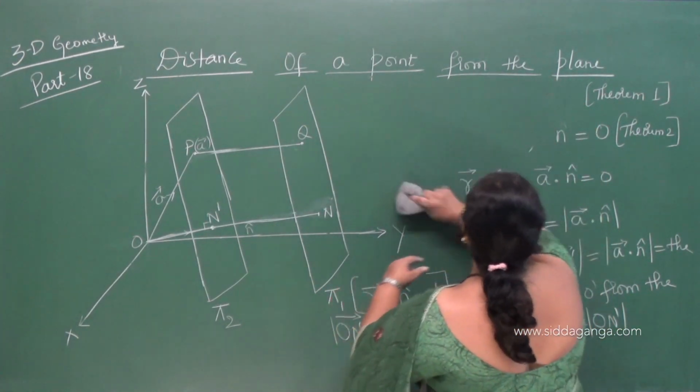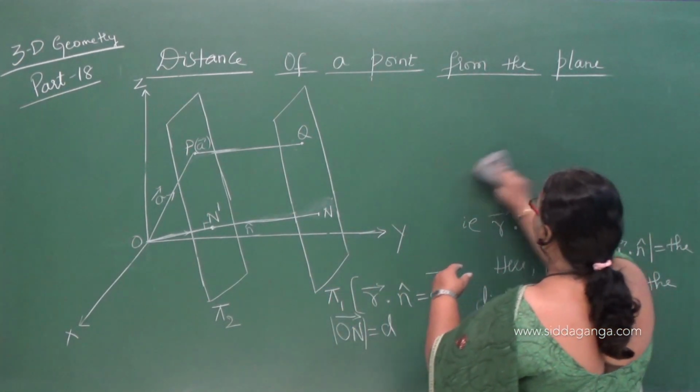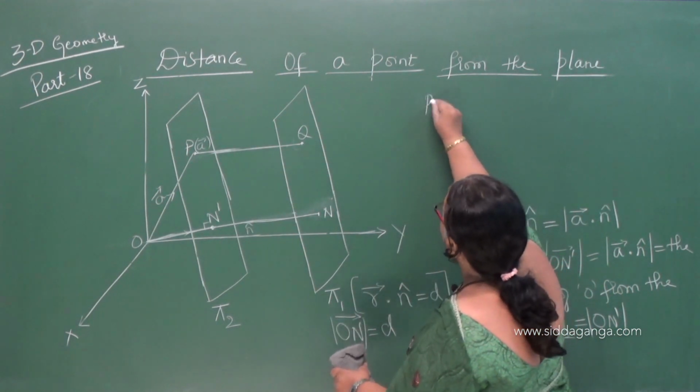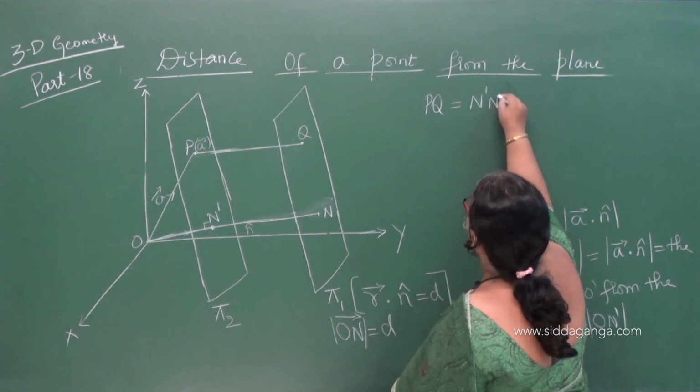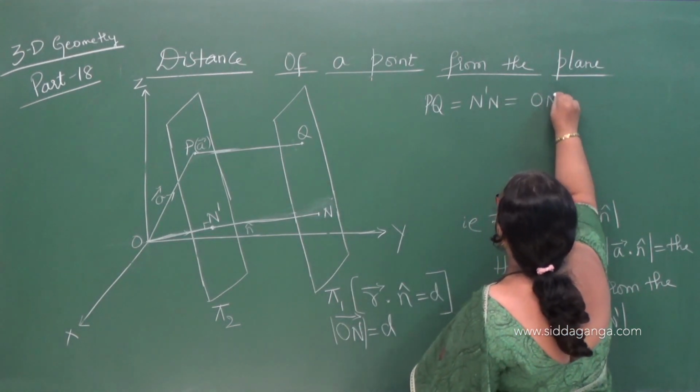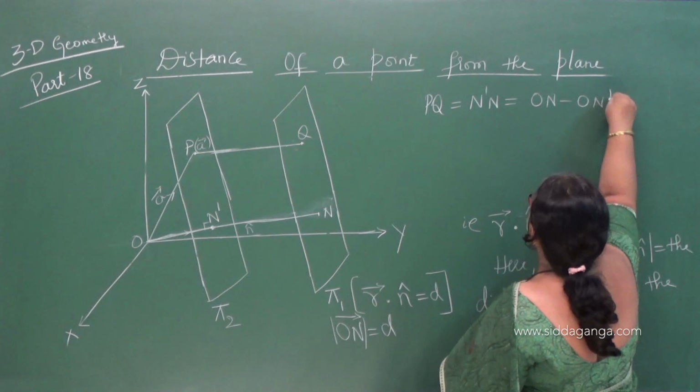Now according to the figure, PQ distance is equal to N dash N, equal to ON minus ON dash.